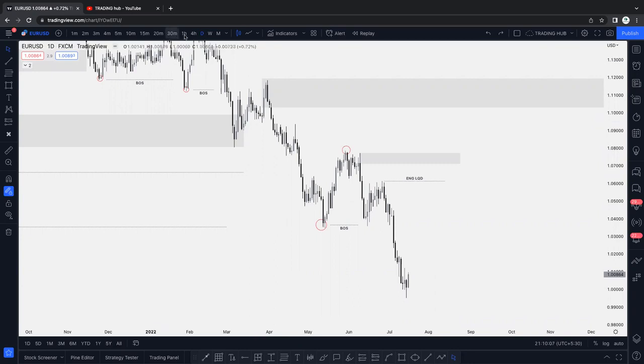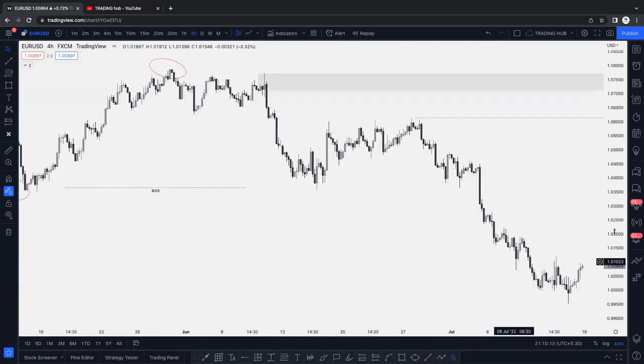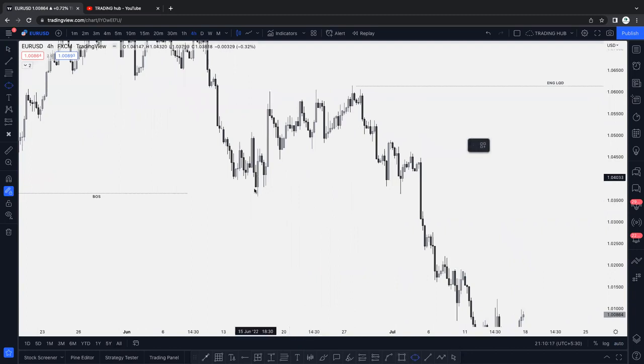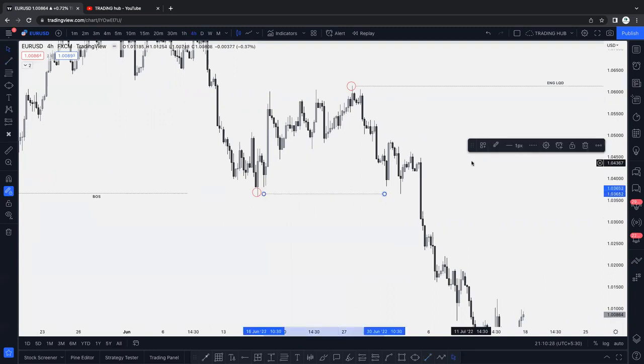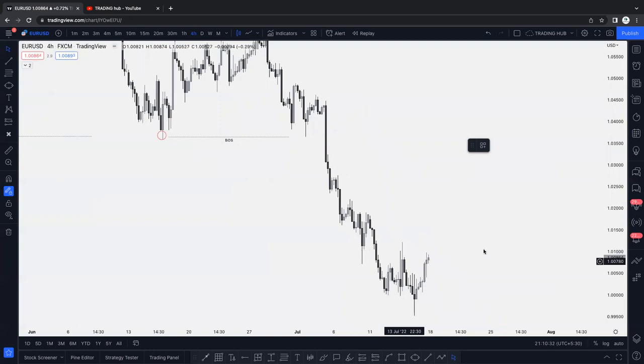In every time frame, market momentum is bearish. And in a 4 hour perspective, the market is still taking out this high, and this is our major high, and this one breaks the structure right here and pushes downside.